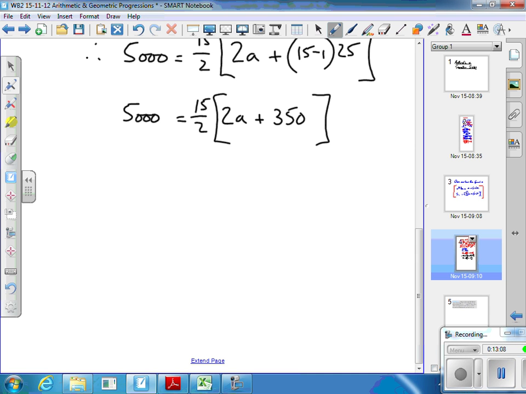So 5,000 equals 7.5 brackets. Now what do you do? Yeah, I'm going to times the 7.5 by 350. What else have I got to do with 7.5? Right, so what's 2 lots of 7.5? 15. 7.5 times 350 is?